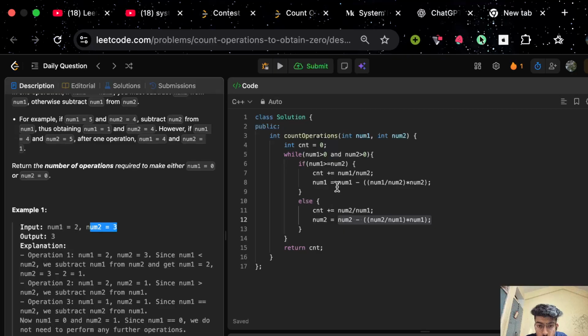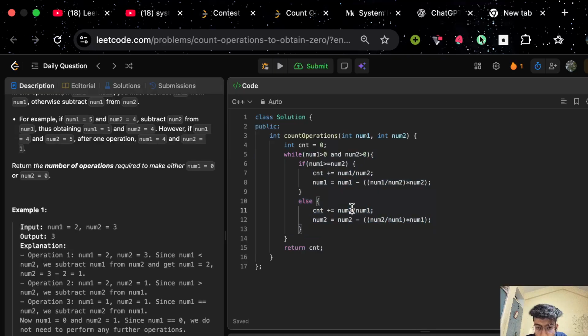I am doing this in both these conditions. So both these lines are describing how many times I can subtract a minimum number from a maximum number, such that the number doesn't become less than 0, and at last I am returning count.